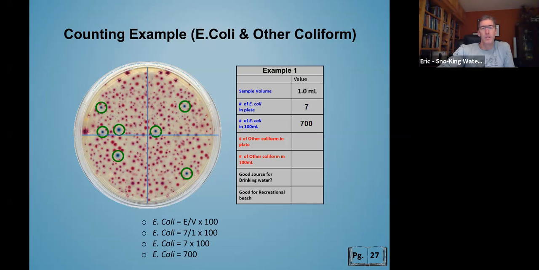Another thing that you can do is you can see that this has been divided up into 4. I essentially take a Petri dish lid and I've made it a grid into 8. So I could count the amount of other coliform that are in 1/8 and then multiply it out.